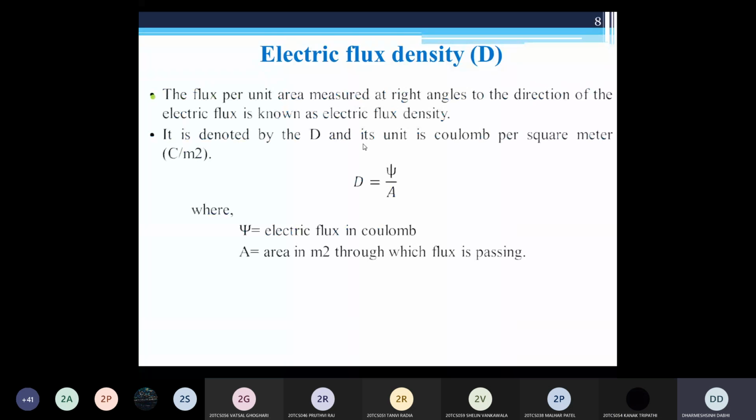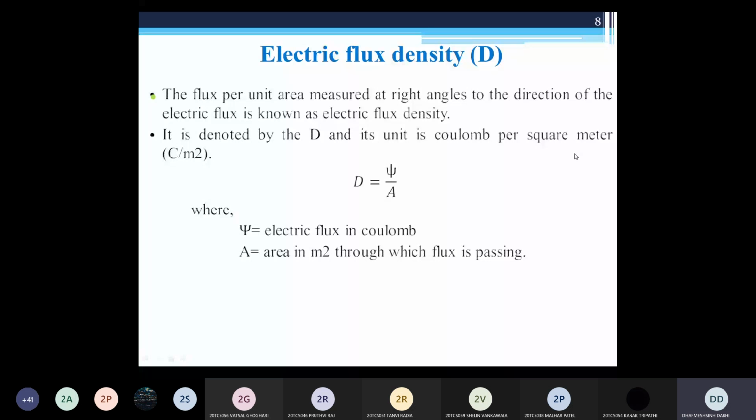So the definition of electric flux density is flux per unit area measured at right angle to the direction of the electric flux. In short, flux per unit area. Its symbol is D, and its unit is coulomb per square meter.